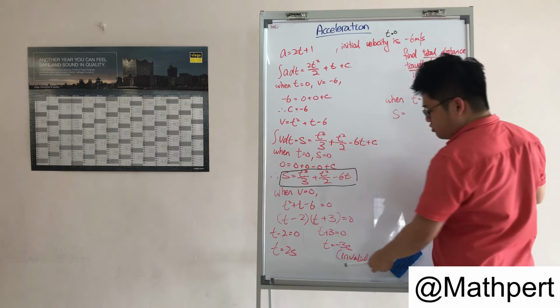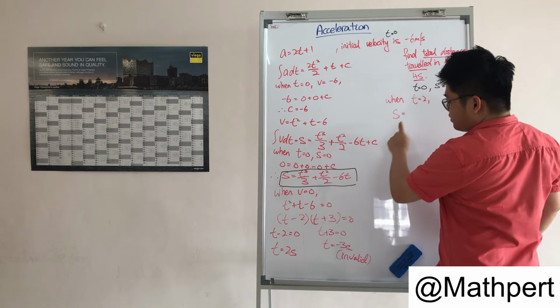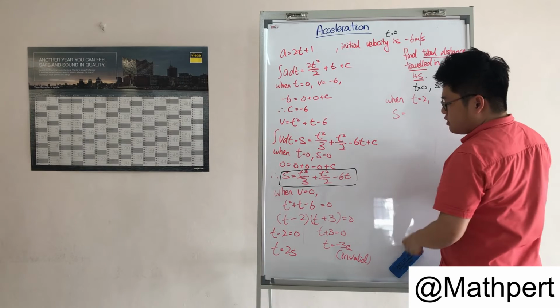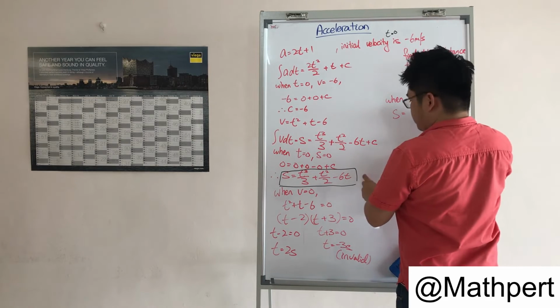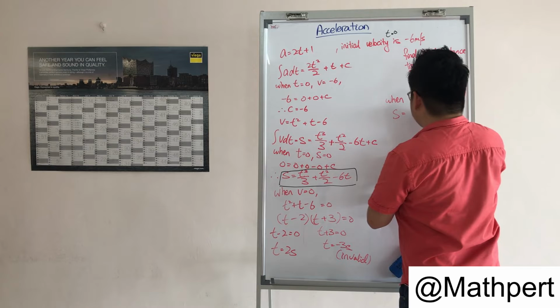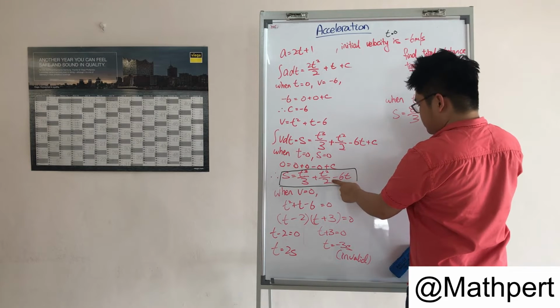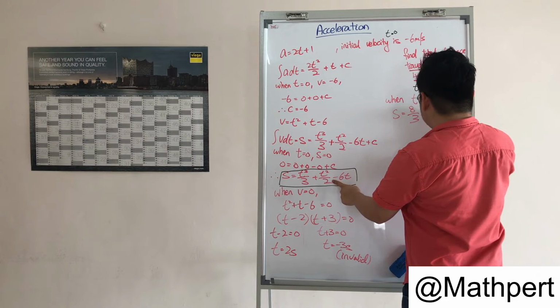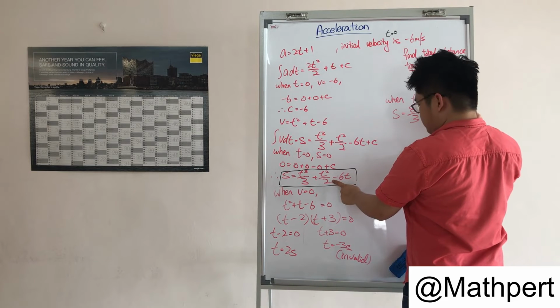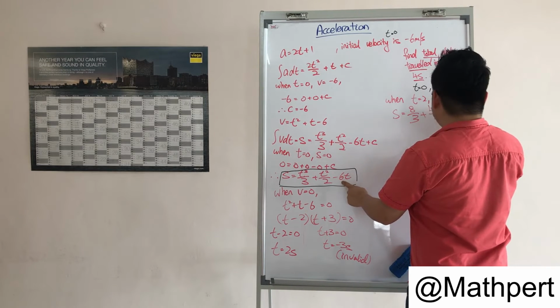When t = 2, we substitute 2 into this: 2 cubed is 8 over 3, plus 2 squared is 4 over 2, minus 6 multiplied by 2.